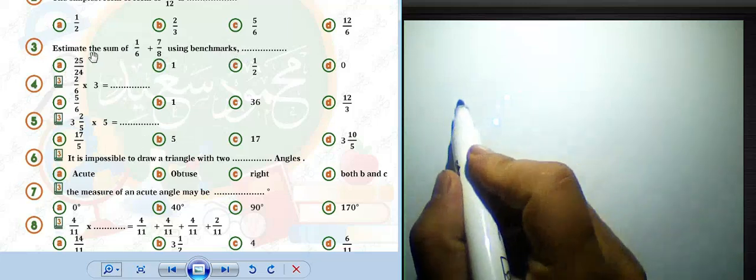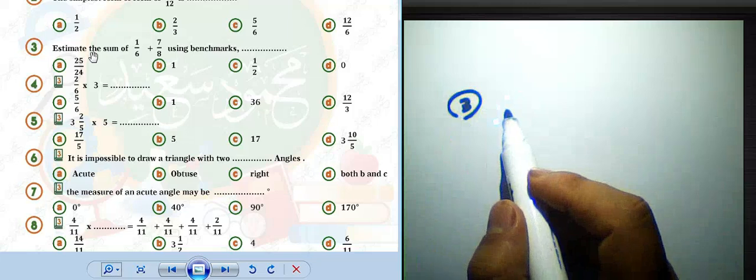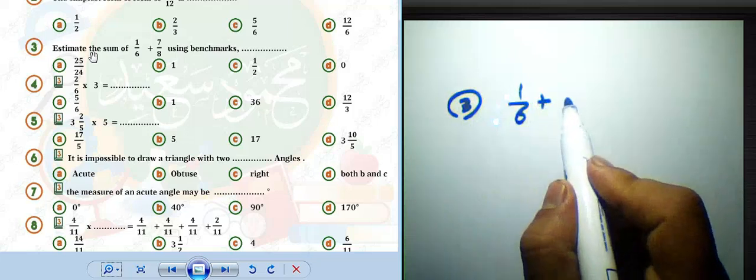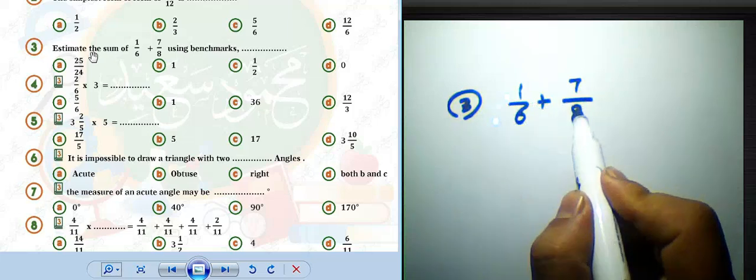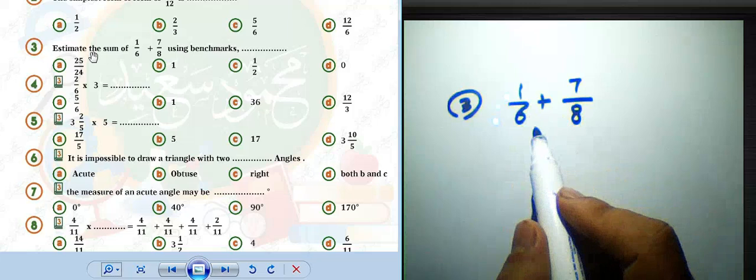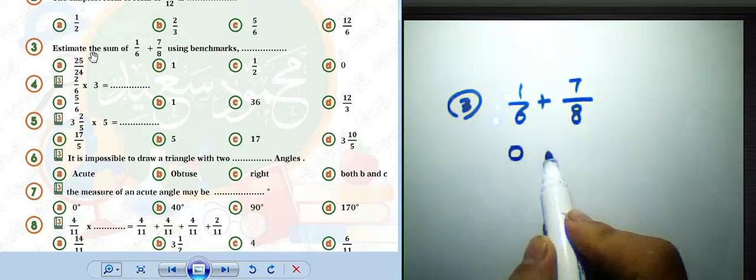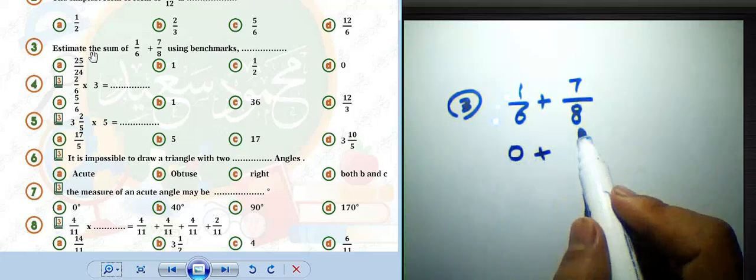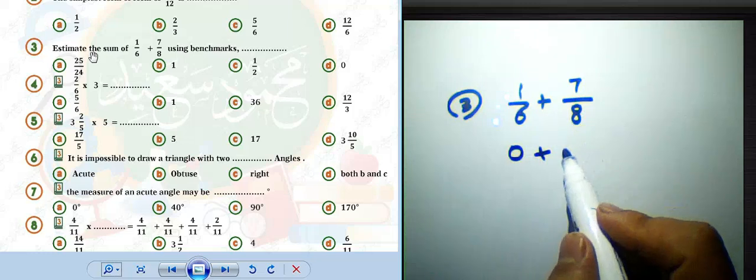Question number 3. Estimate the sum of 1 over 6 plus 7 over 8 by using benchmarks. We know 1 over 6 is nearest to 0. 7 over 8, 7 is near to the denominator, so 7 over 8 is nearest to 1.